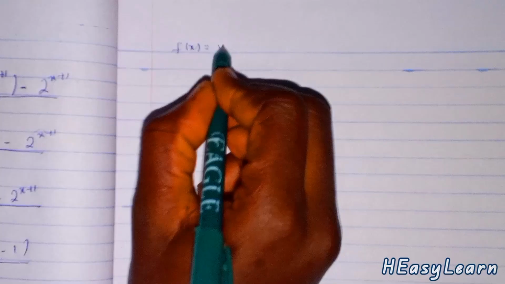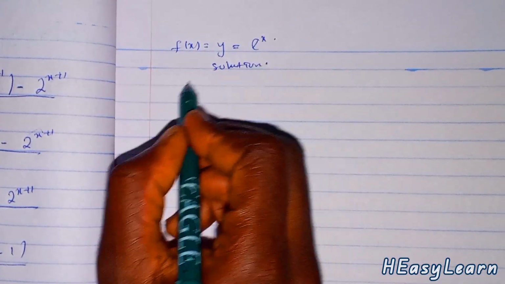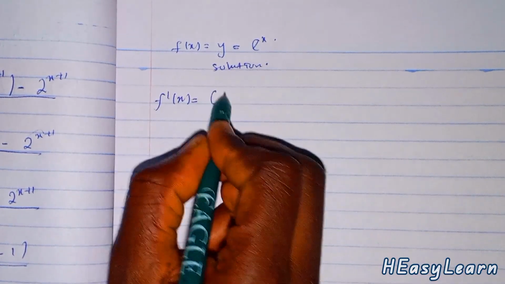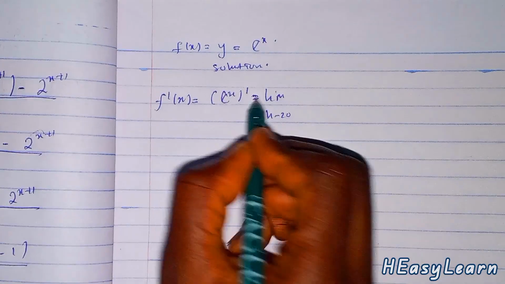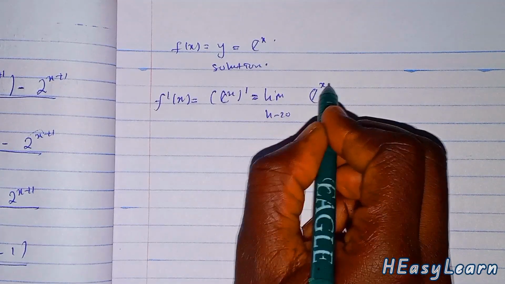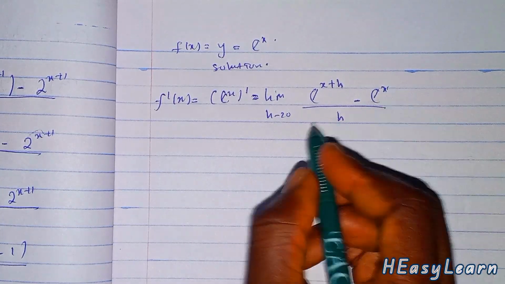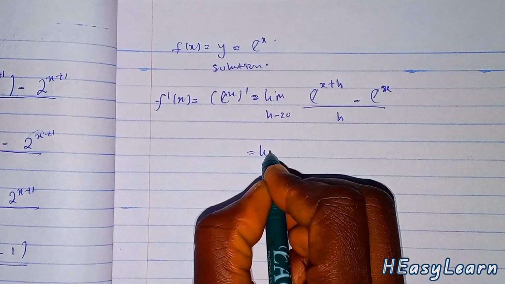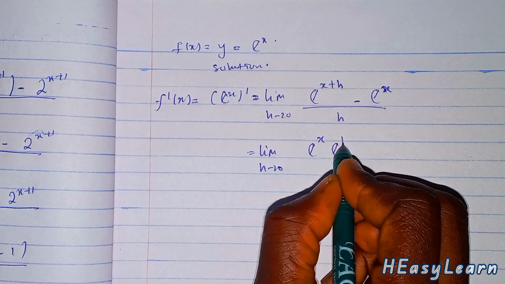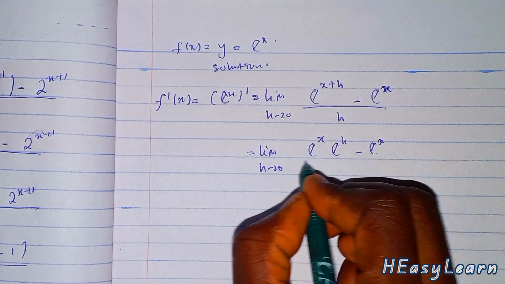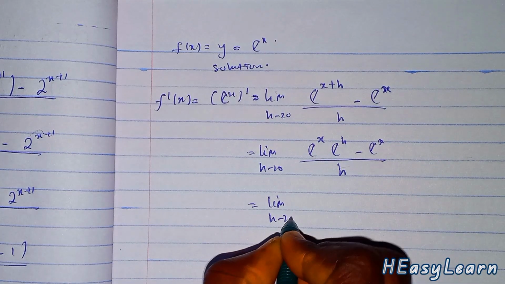F of x equals y equals exponential x. To find the derivative using the definition, f prime of x is equal to exponential x. The limit h approach 0 of the function, anywhere there is x, plug in x plus h, minus the original function, over h. The limit h approach 0, exponential x multiplied by exponential h, law of indices, minus the original function over h. This is the limit h approach 0.